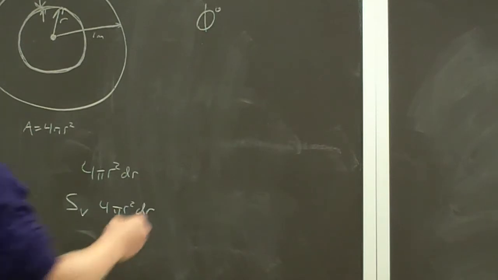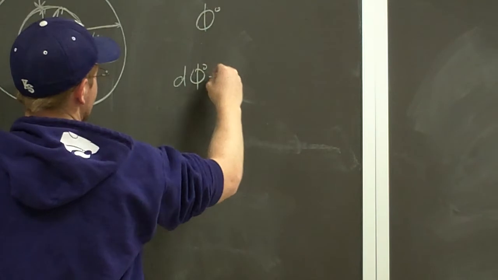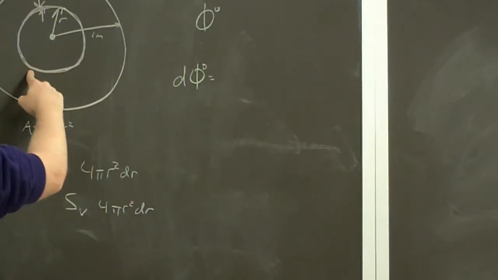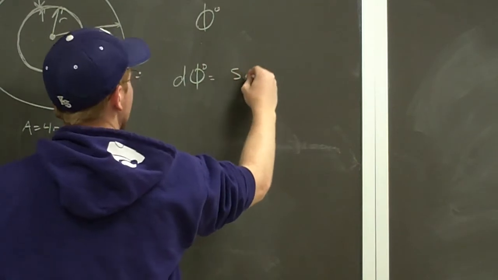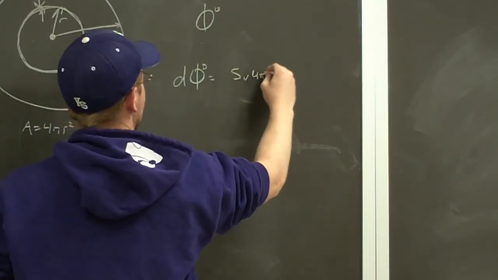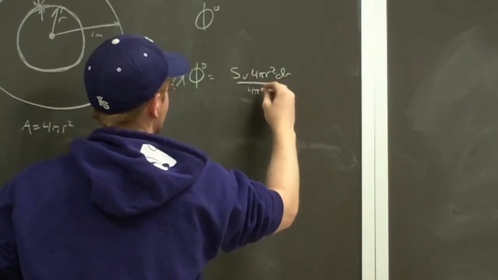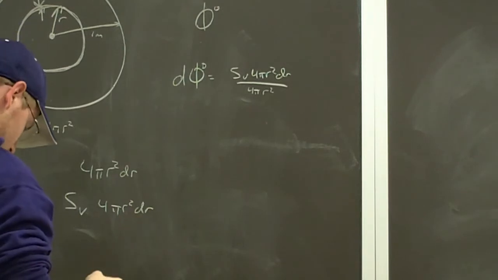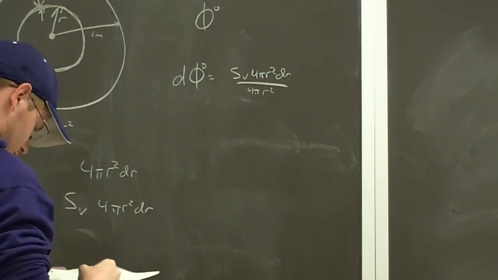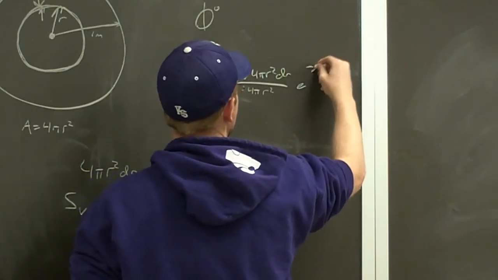So we'll write the differential flux you're going to get from one of these shells: SV 4 pi r squared dr over 4 pi r squared, times e to the negative mu r.